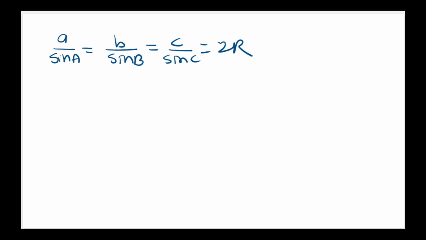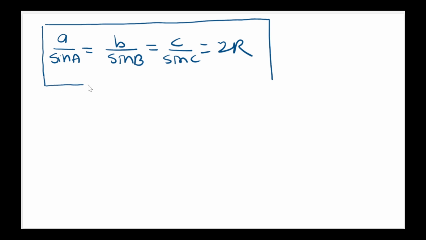But in the case of the extended law of sines, we have proved that the constant, that is a upon sine A equals b upon sine B equals c upon sine C, is equal to 2R. So that represents the diameter of the circumscribing circle.